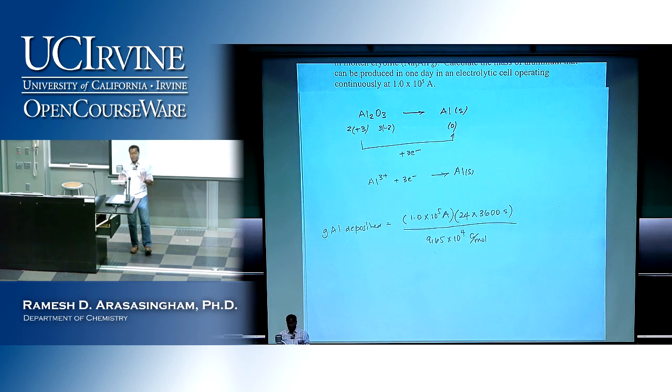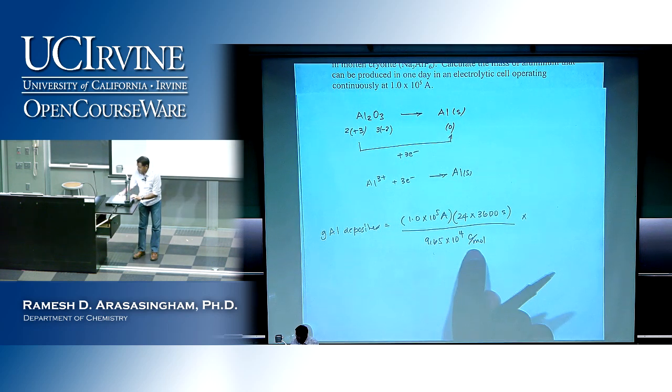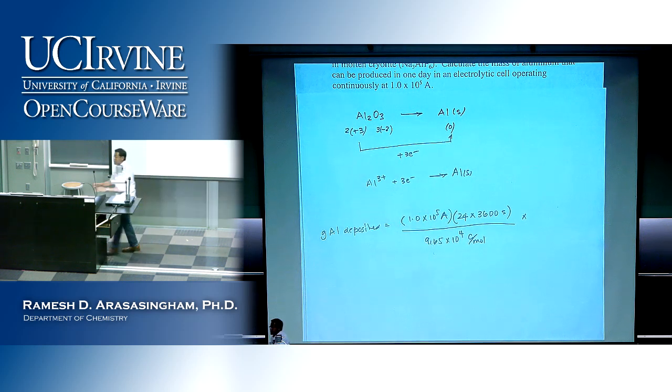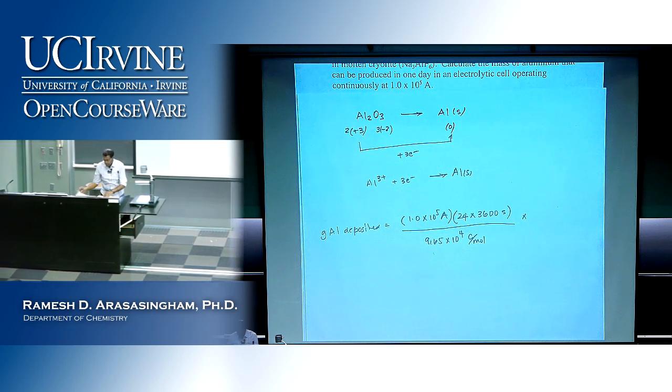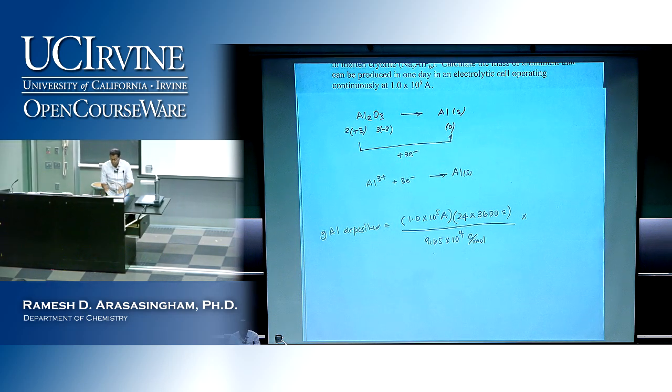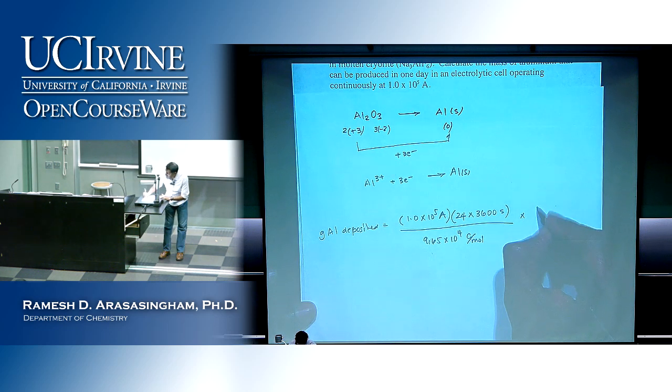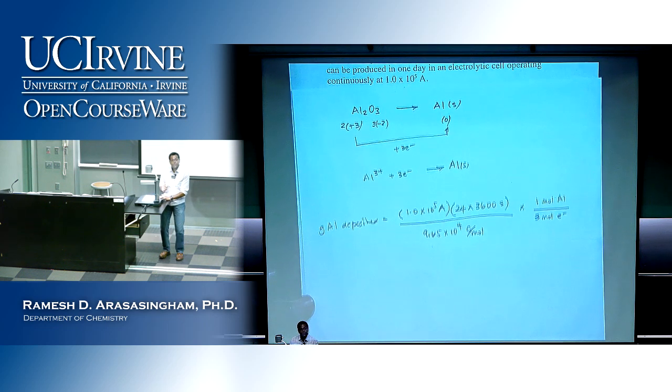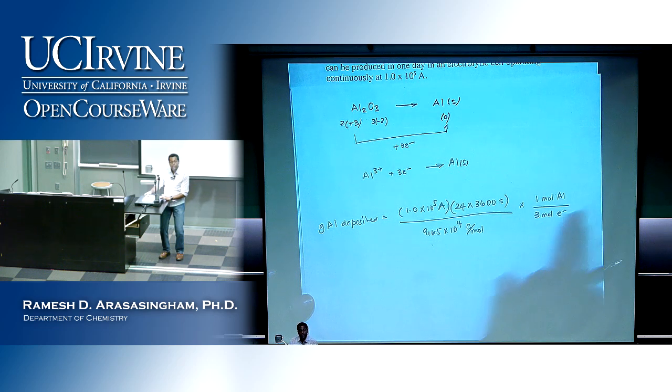This gives me the number of moles of electrons. In this equation, can everybody see that for every 1 mole of aluminum, how many moles of electrons do you need? 3, okay? So for every 3 moles of electrons, there's 1 mole of aluminum. So what I've got now is moles of aluminum.